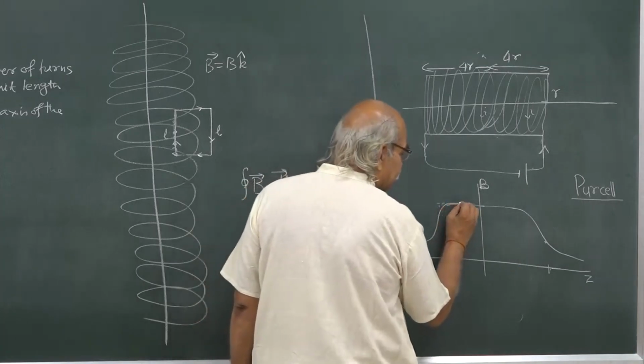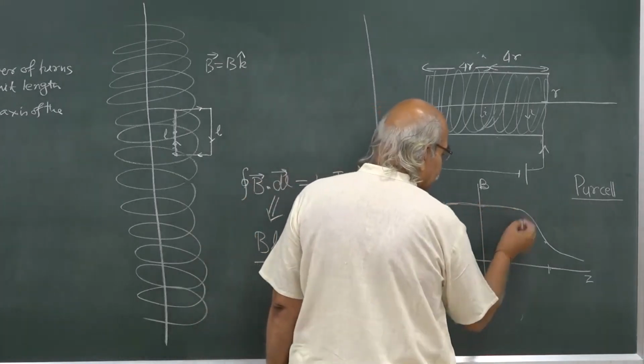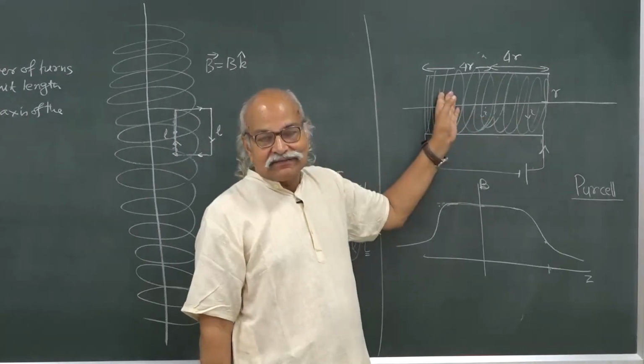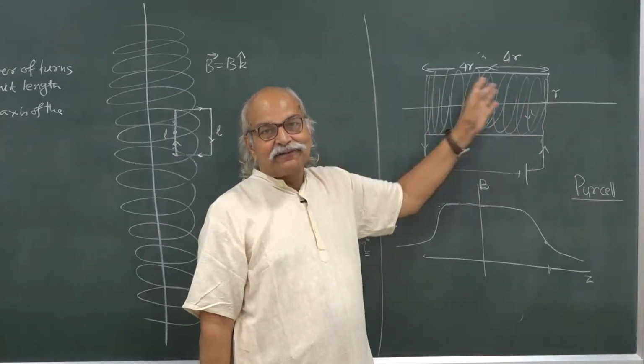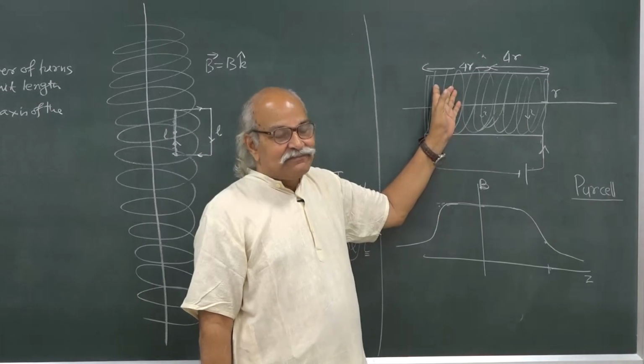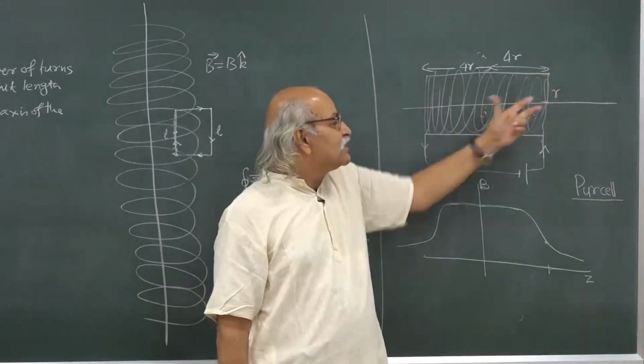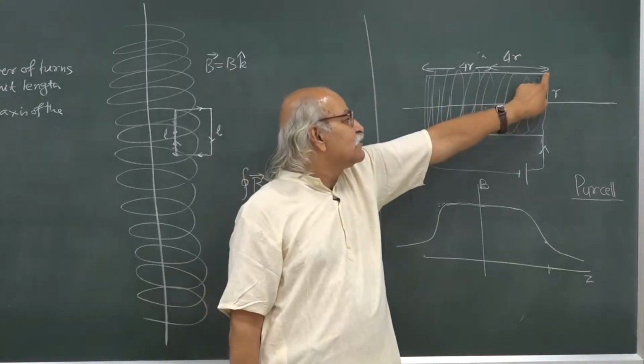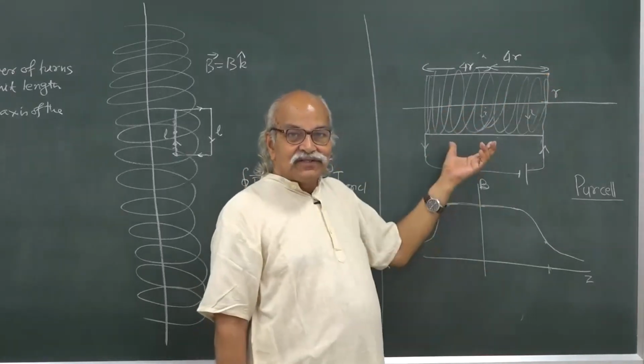So, even if it is not a long solenoid at all, just 4 times the diameter. The length is just 4 times the diameter. If the diameter is 5 centimeters, this is 20 centimeters. If the diameter is 2 centimeters, it is just an 8 centimeter coil.